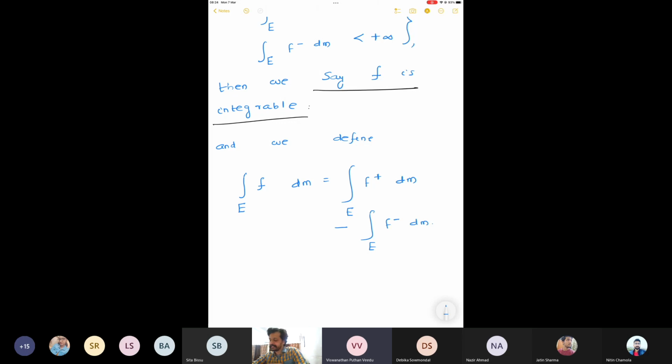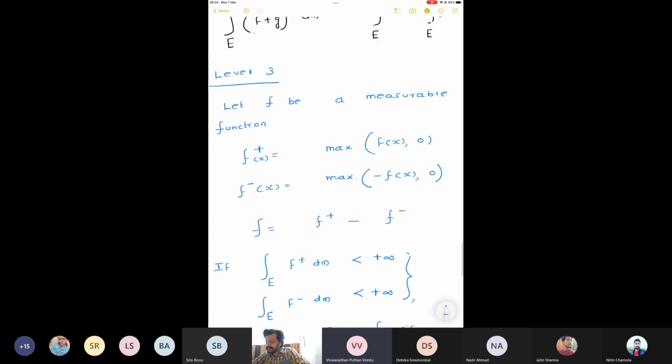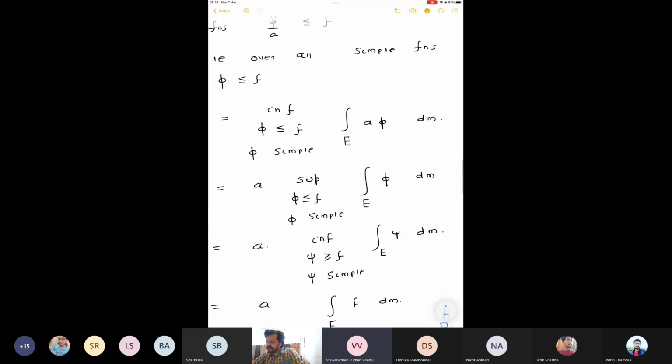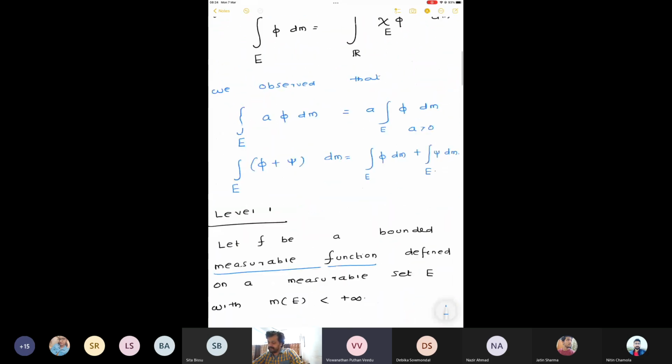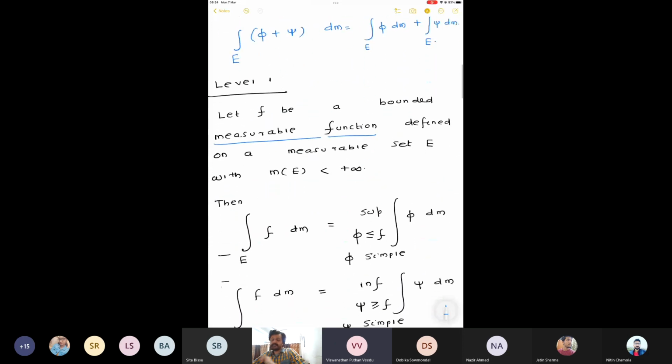We shall move on with this definition, but before that, let me make a comment. Namely, this level 1 we included only to see how it closely mimics the Riemann integration idea. But actually, level 1 can be avoided.